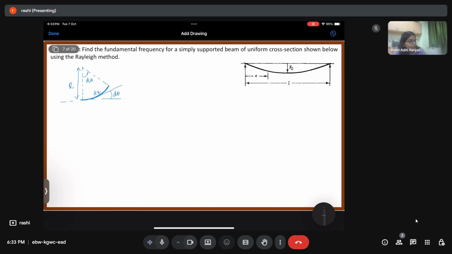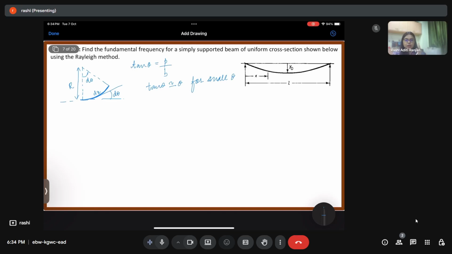We know that tan theta is equal to perpendicular upon base, and tan theta is nearly equal to theta for small theta. So for this d theta, we can write perpendicular by base as dx by r. Why? Because this dx is very small and the d theta is also a very small element. It is just an exaggerated view of a very small element, which is why it looks curved.